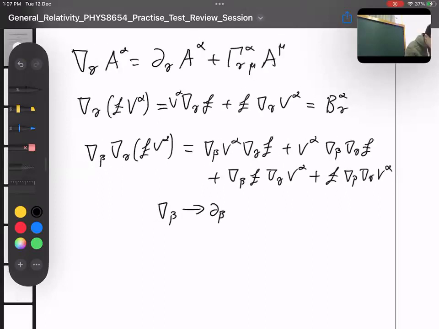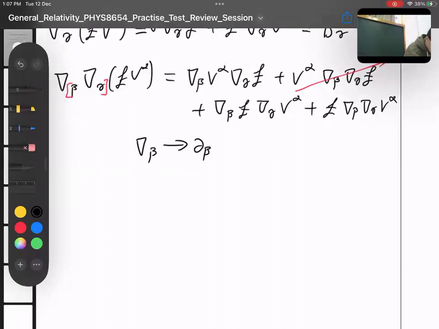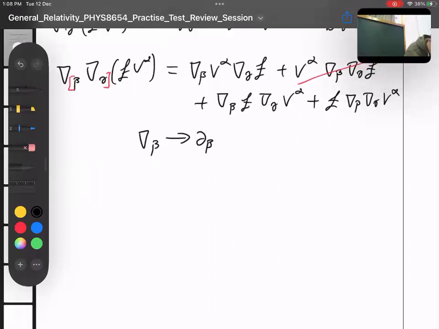And then if you take the anti-commutator, so basically you do this, because partial beta partial gamma is equal to partial gamma partial beta. So this one cancels, right? Because this becomes a partial derivative if it's just a function. It's not a covariant derivative anymore. So the only terms that remain are the other terms. So it will be this one.